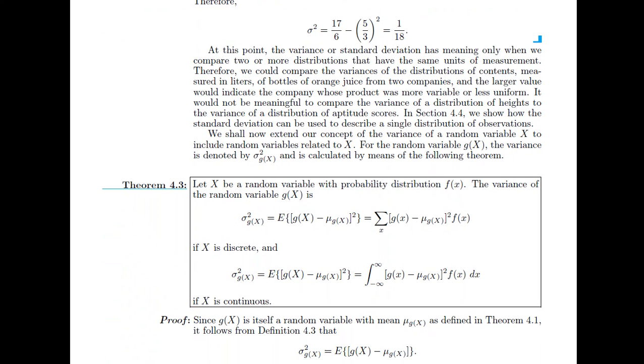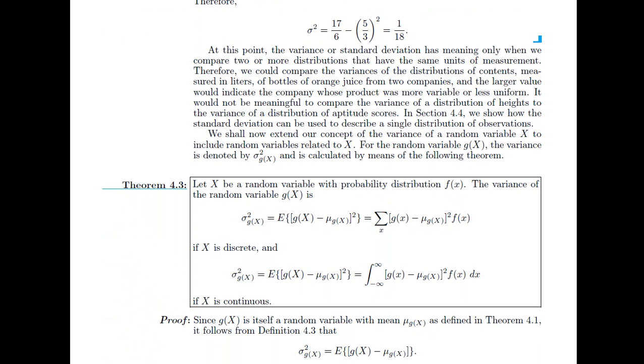At this point, the variance or standard deviation has meaning only when we compare two or more distributions that have the same units of measurement.